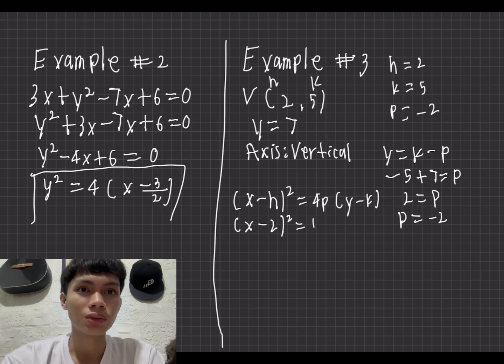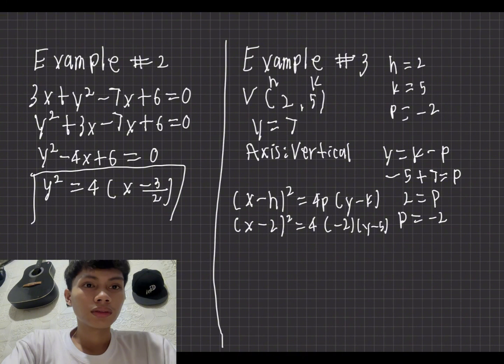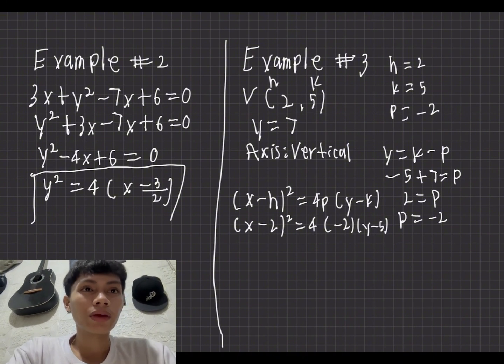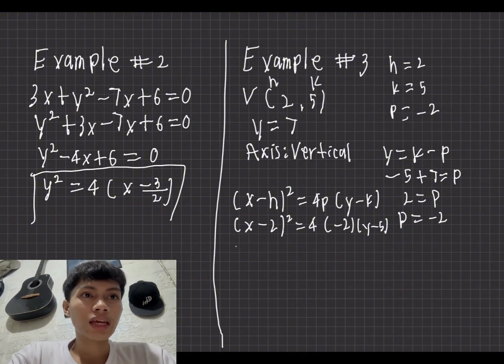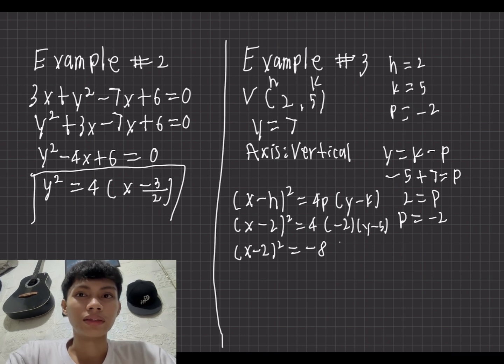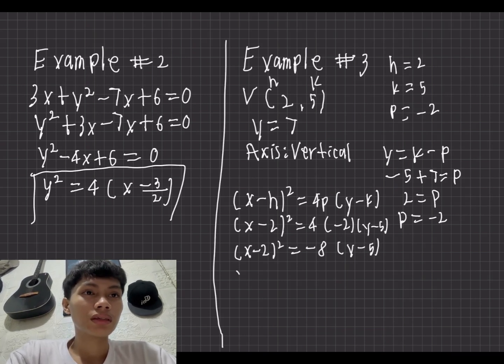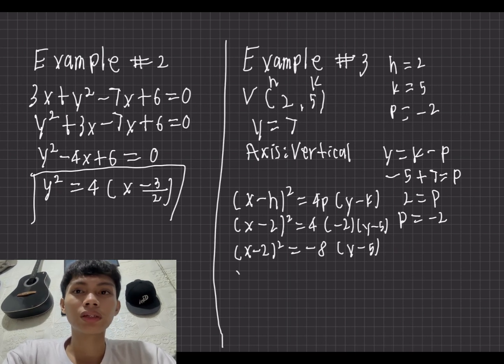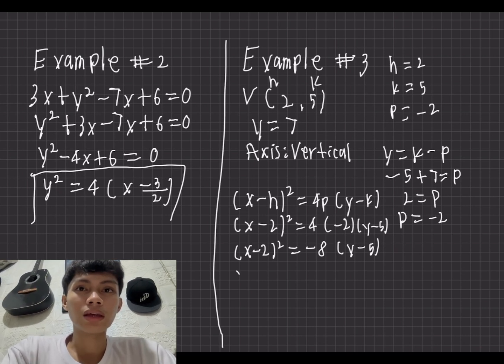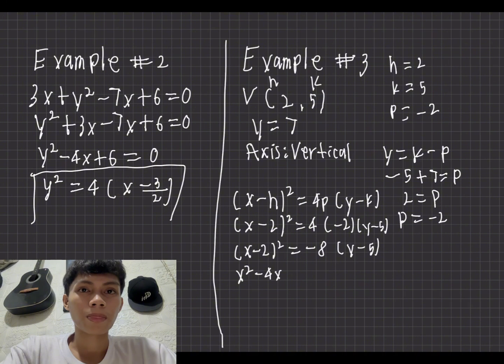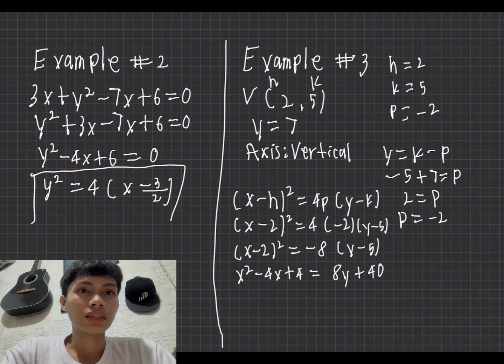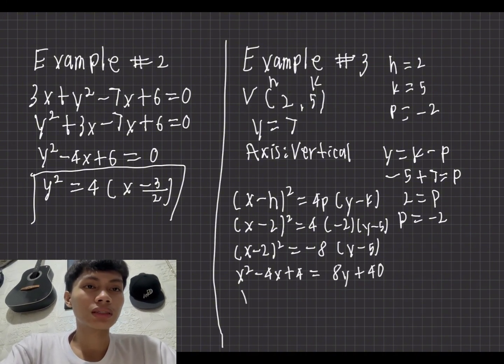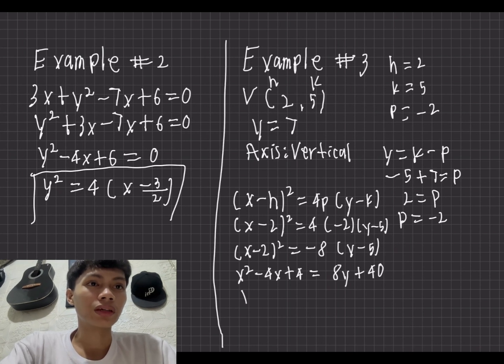times negative 2, times (y minus 5). Copy (x minus 2) squared. 4 times negative 2 equals negative 8. Copy (x minus 2) squared equals negative 8 times (y minus 5). x times x equals x squared, 2 times 2 equals negative 4x plus 4.